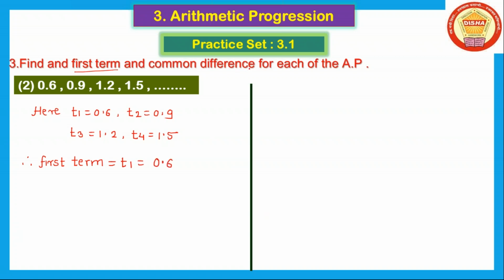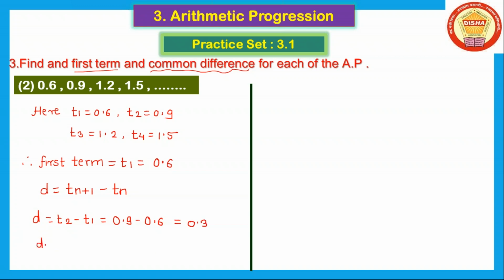The next question is find the common difference. How do we find the common difference? D is equal to Tn plus 1 minus Tn. Then we find the difference between two consecutive terms. The first two consecutive terms are T2 minus T1. T2 is 0.9 minus 0.6, which is equal to 0.3.